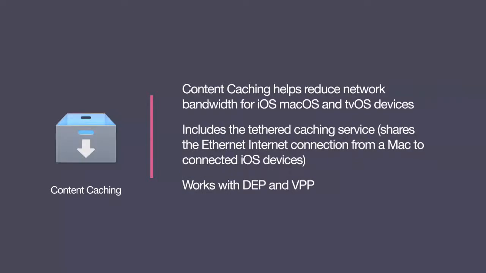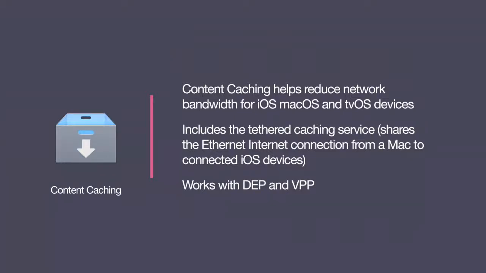Next up, content caching. Content caching helps reduce network bandwidth for iOS, macOS, and tvOS by caching security updates, applications, and content. Content cache also includes a service called tethered caching. So if you're deploying a large amount of iOS devices via a Mac on the Ethernet connection, the Mac will cache those iOS updates.